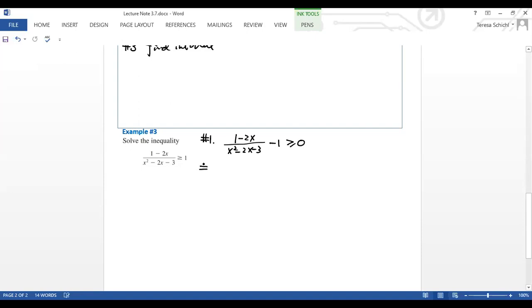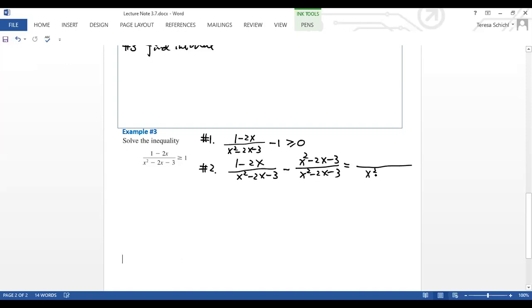Now step number 2 is here. You combine, right? So how do you combine? Find the common denominator. So the denominator is x squared minus 2x minus 3. Then the numerator is 1 minus 2x, and this is 1 times x squared minus 2x minus 3. So just be very careful about your negative sign.